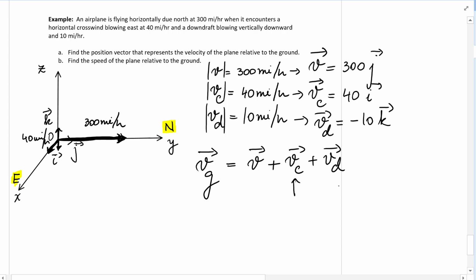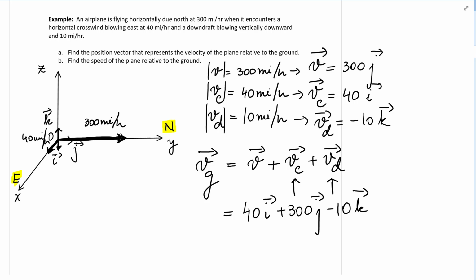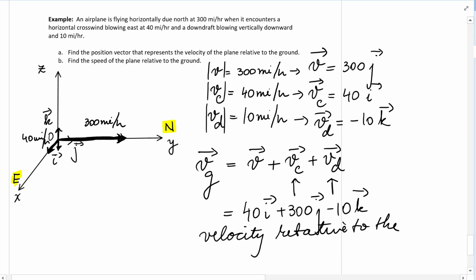So it's the crosswind and it's the downward or downdraft velocity. So it's going to be 40i plus 300j minus 10k. So velocity relative to the ground.